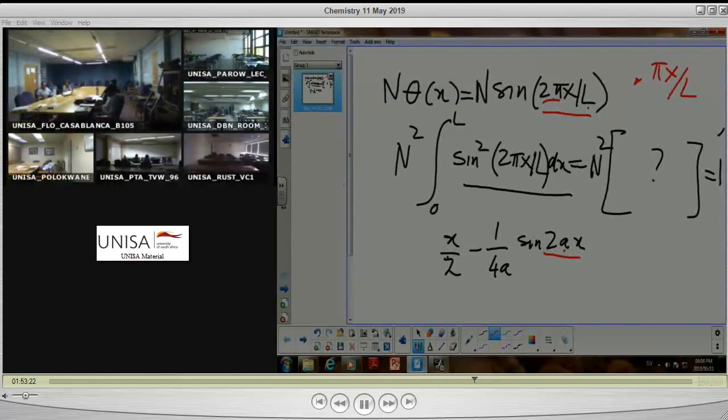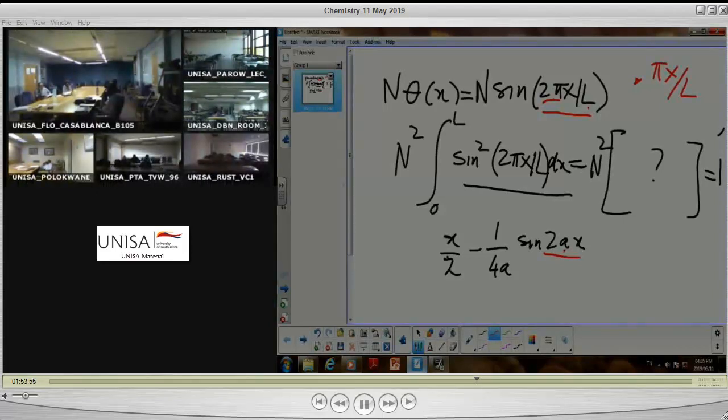So your A is the constant. Everything that is not X here is A. So if you take 2 pi over L and put it under A, in our case you end up with a 4 pi over L, isn't it?